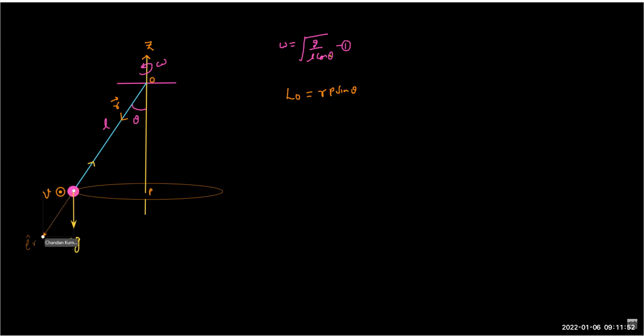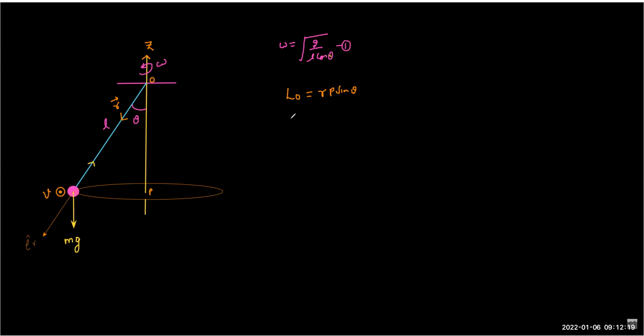So now tell me, what is the theta? What is the angle between the R and P vector? Tell me, guys, what is the angle between the R vector and the V vector?